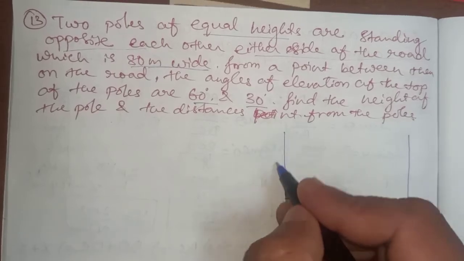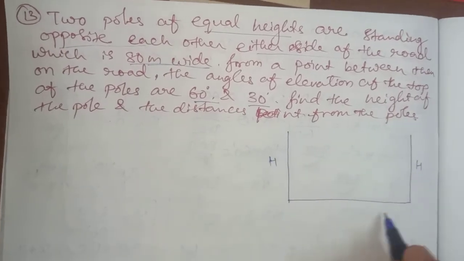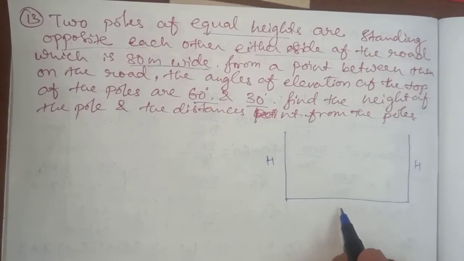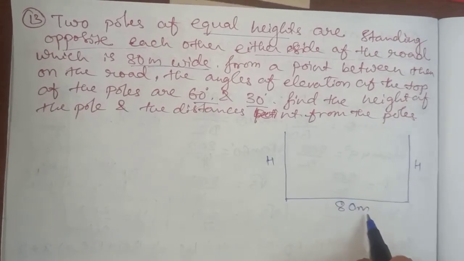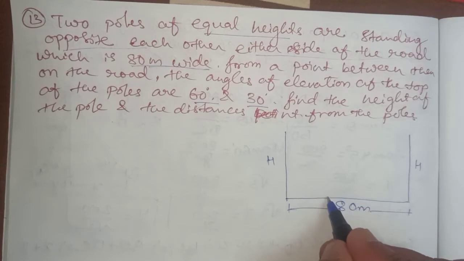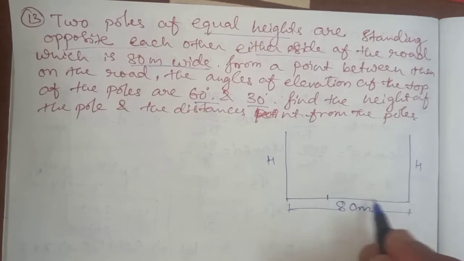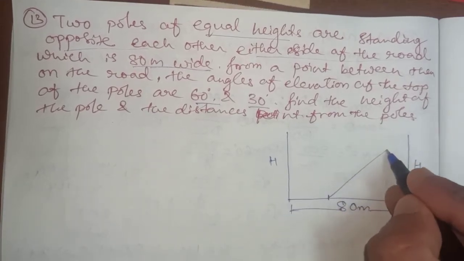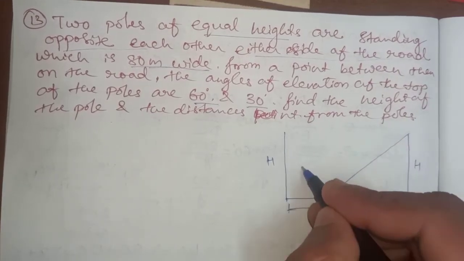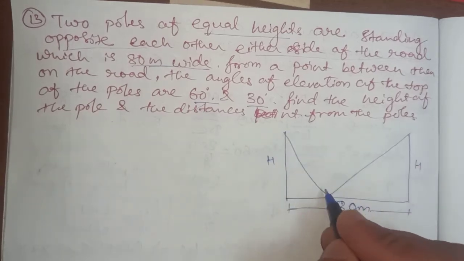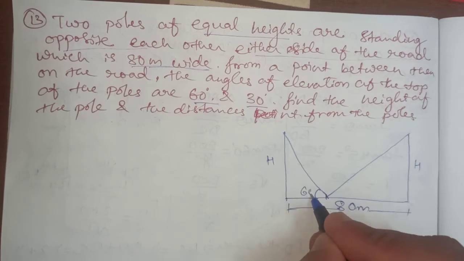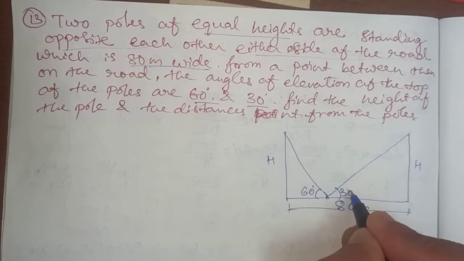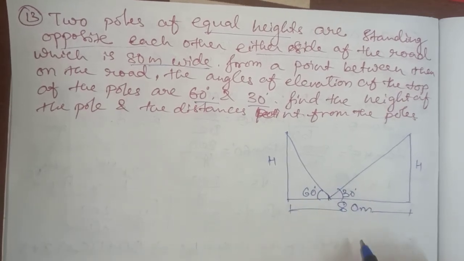Suppose this is h, this is also h. The length of the road is 80 meter. Now there is a point on the road. It is not situated at the center of the road. It is situated somewhere on the road, and from there the angles of elevation of the two towers are 60 degree and 30 degree.